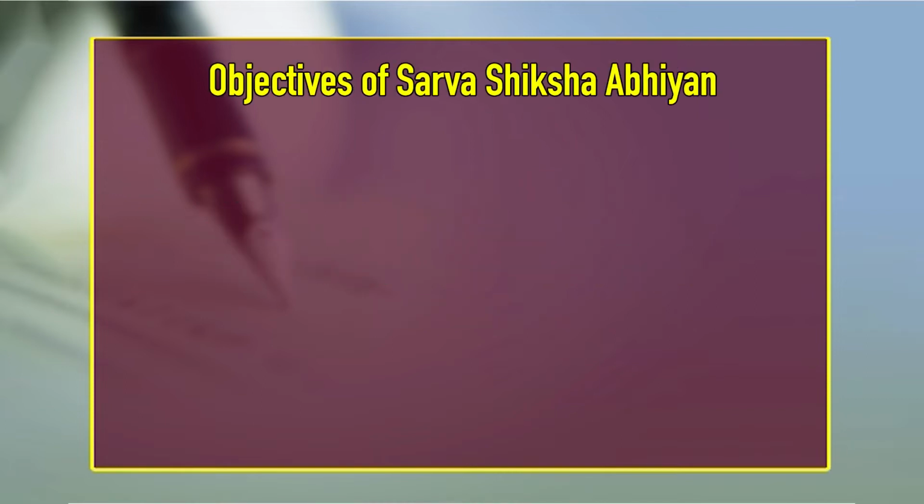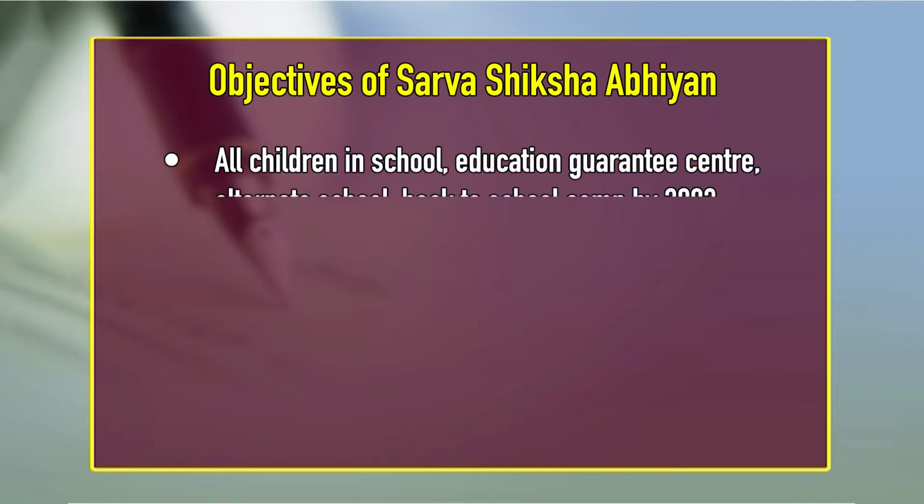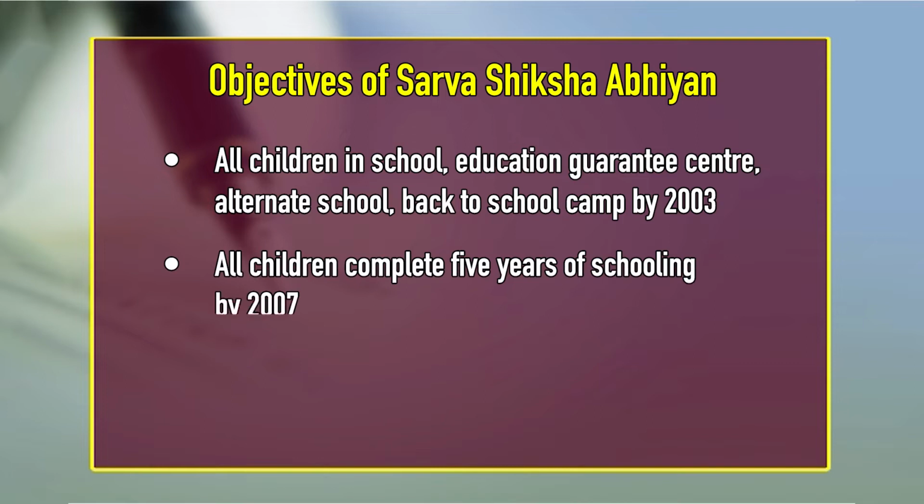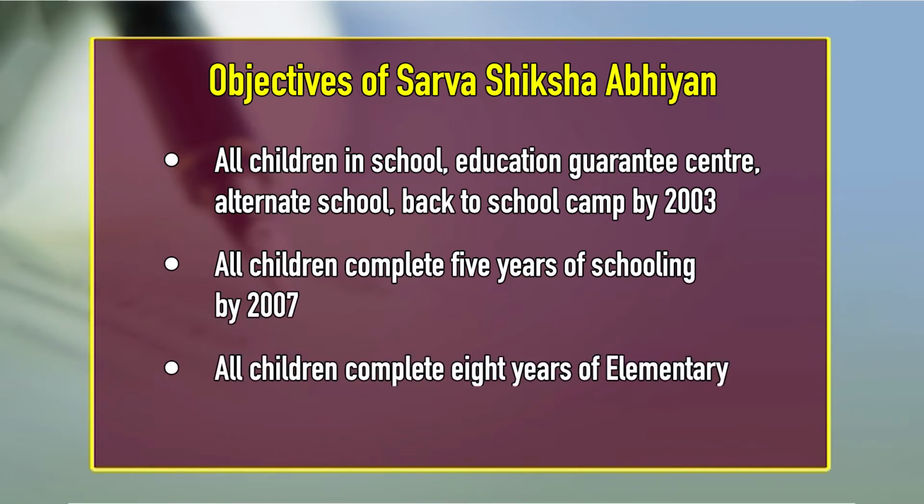The objectives of Sarva Shiksha Abhiyan: all children in school, education guarantee center, alternate school, back to school camp by 2003. All children complete 5 years of schooling by 2007. All children complete 8 years of elementary schooling by 2010.